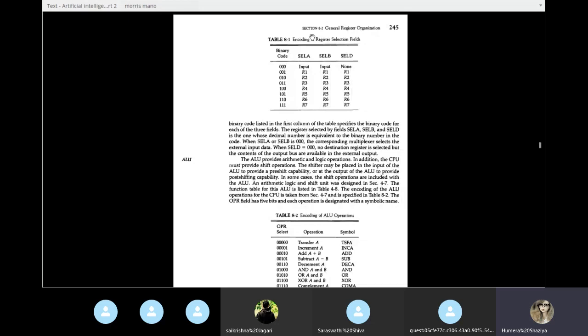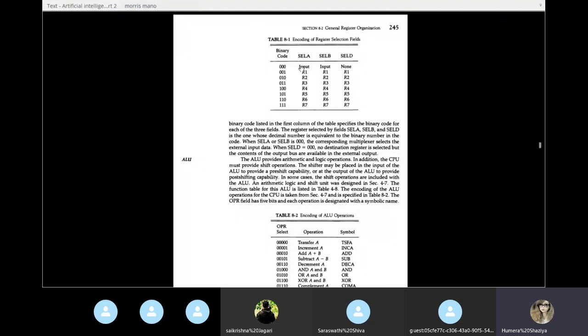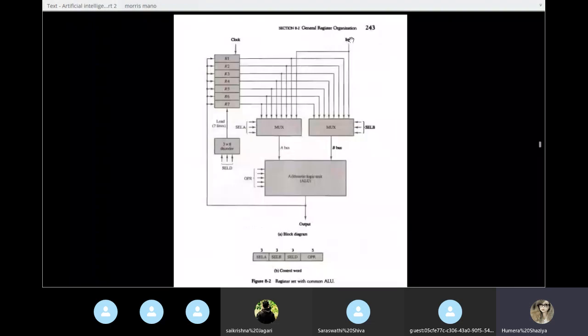Okay, here this is nothing but the encoding of the register selection. How do you select a register? 000 means it is input, no register. Where is the input? If you remember, this is the input. If you put 000, then it is input.